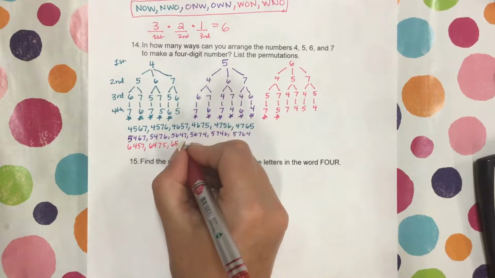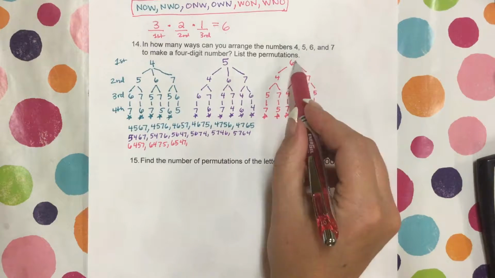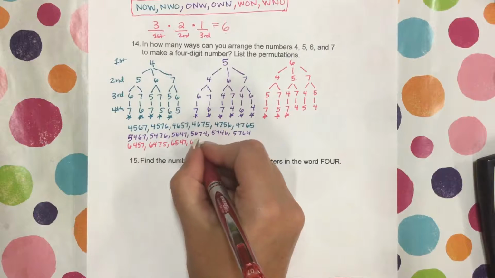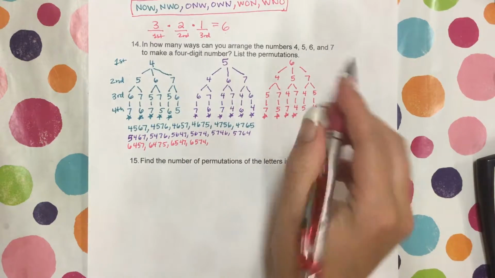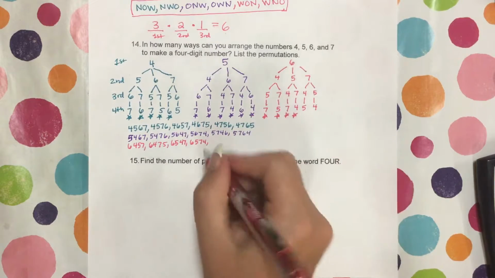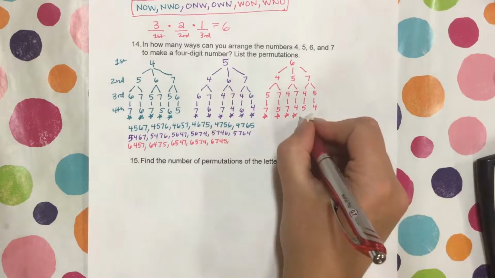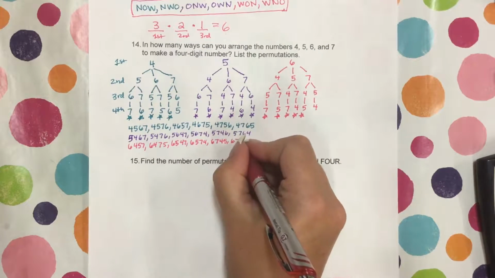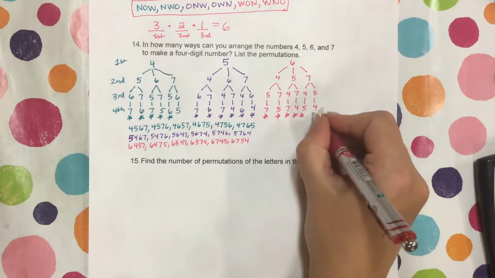And 6, 5, 7, 4. And then 6, 7, 4, 5. And then 6, 7, 5, 4. Okay.